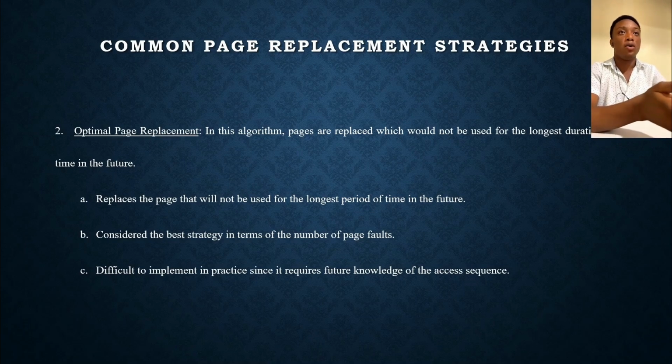A. It replaces the page that will not be used for the longest period of time in the future. B. It is considered the best strategy in terms of the number of page faults. C. It is difficult to implement in practice since it requires future knowledge of the access sequence.